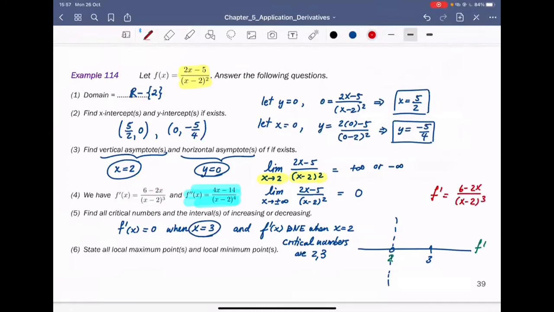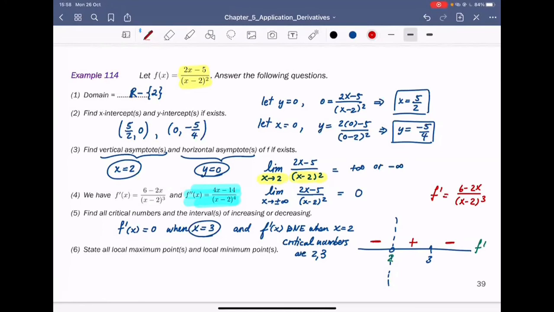If I plug in a very, very big number, like 1000, I'm going to get negative over positive, so this is negative. If I plug in any number between 2 and 3, for example 2.5, for the ratio of f prime I am going to have positive on the top, positive on the bottom. So this is going to be plus, and this is going to be minus.